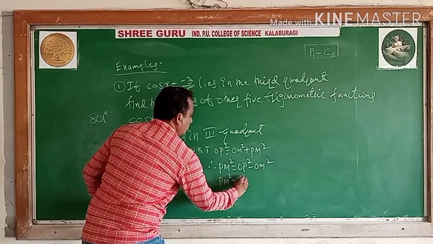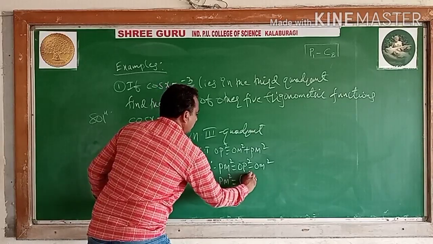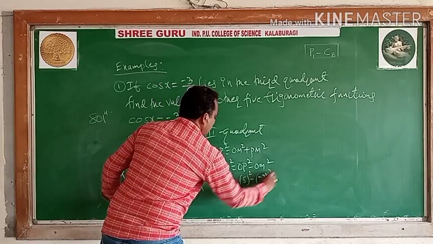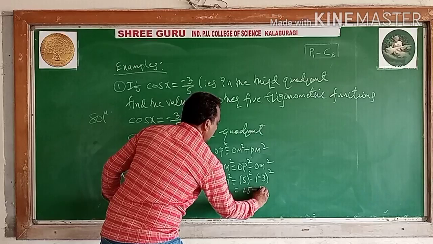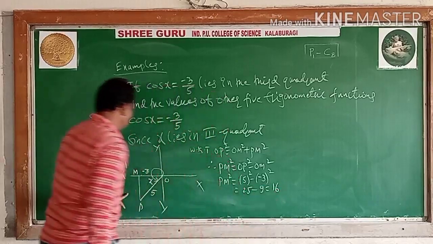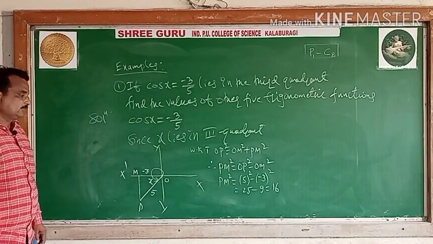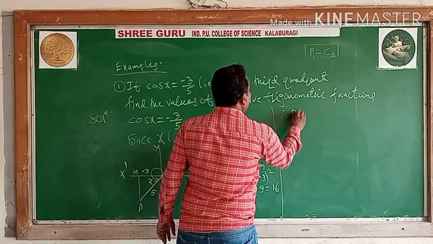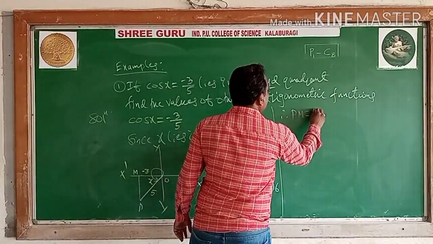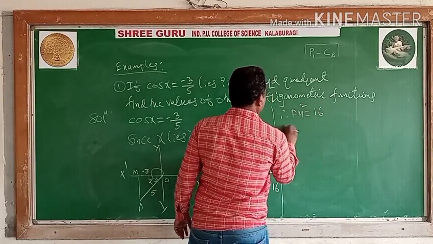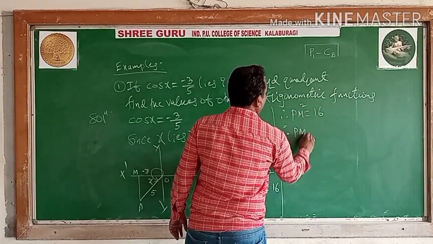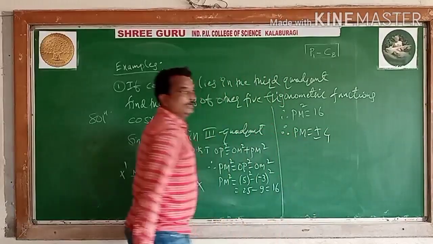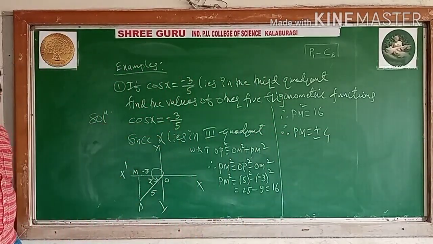PM square equals 5 square minus 3 square, 25 minus 9, 16. Therefore PM is equal to plus or minus 4. Here there are two values, plus or minus 4.